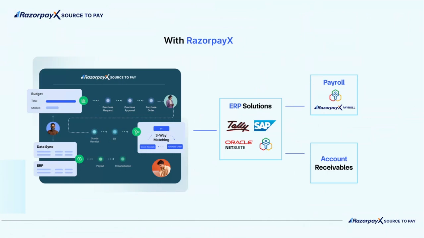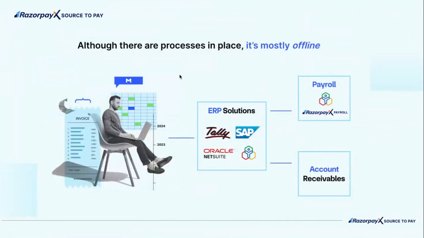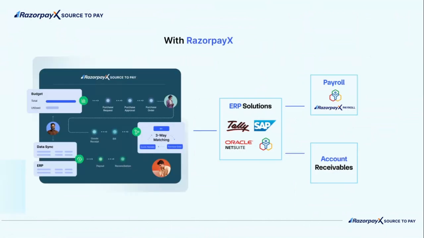The most important part of any finance team of any company is its accounts payable process, and that accounts payable process, which is generally done offline, through Excel sheets or emails or paper trails, will be completely digitized or automated so that it is integrated with their existing ERP solutions or any payroll solutions or any accounts receivable solutions they have, so that their entire accounts payable management becomes very efficient, right?